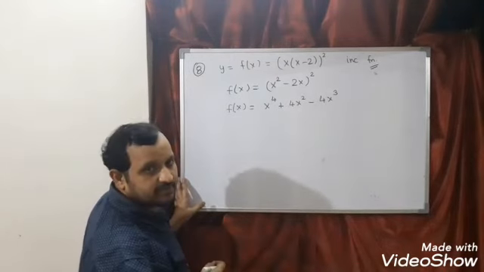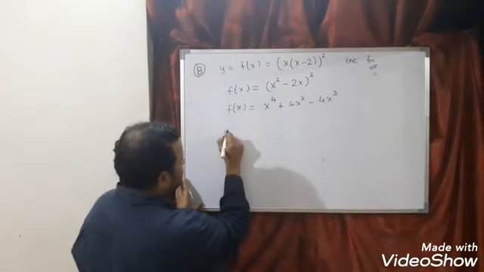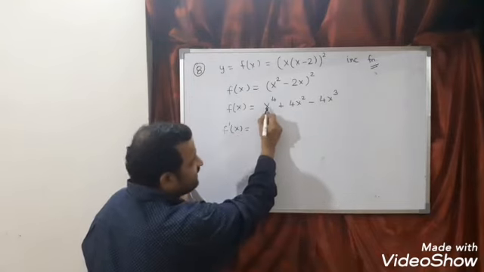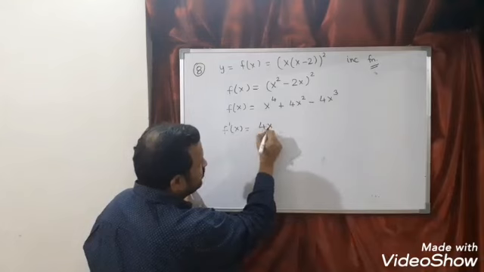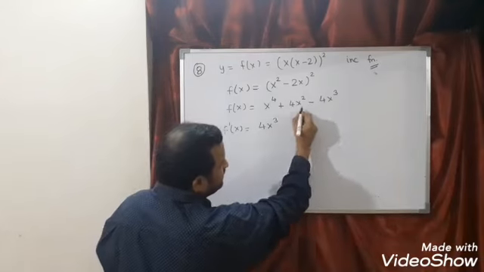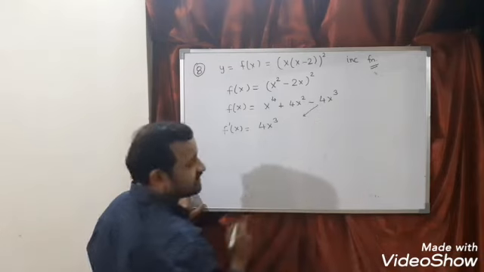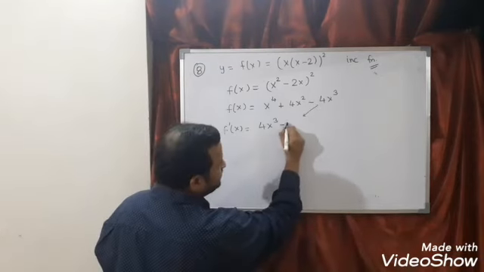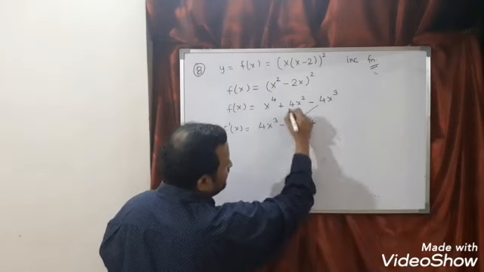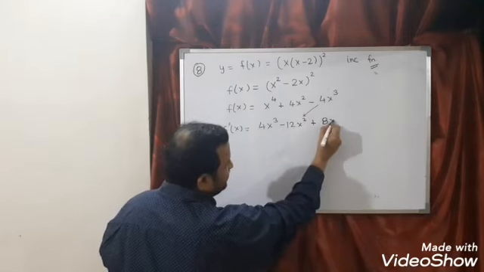Now what is the first step? Find f dash x. So f dash x is equal to the differentiation of this, 4x cube, minus 12x square, plus 8x.